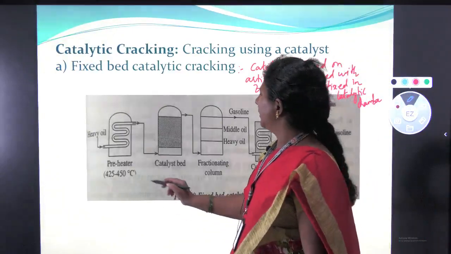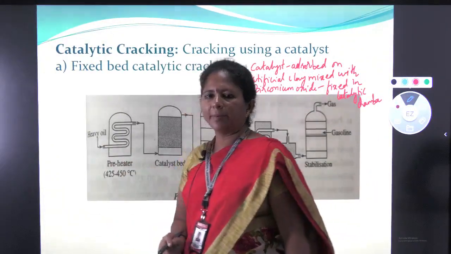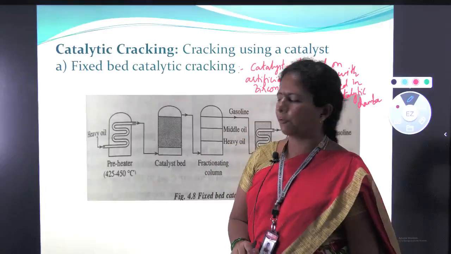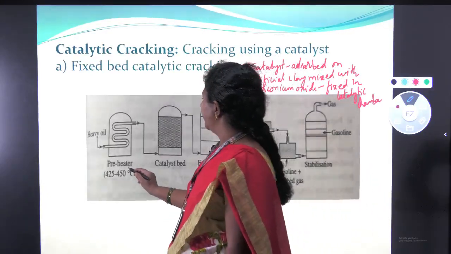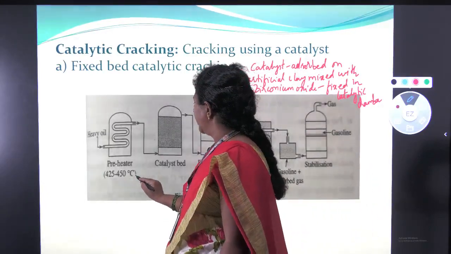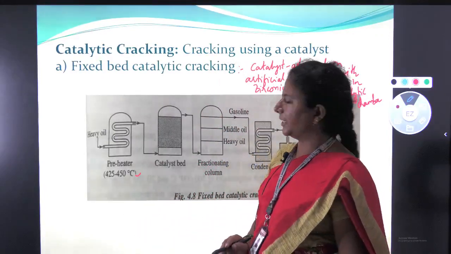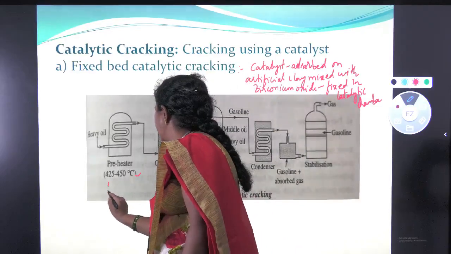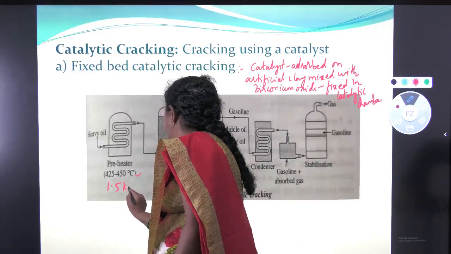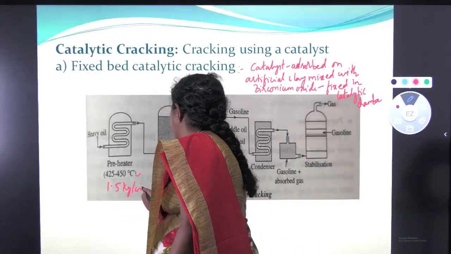Here the heavy oil which is obtained by fractional distillation of petroleum will be preheated to a temperature of 425 to 450 degrees centigrade under a pressure of 1.5 kg per centimeter square.